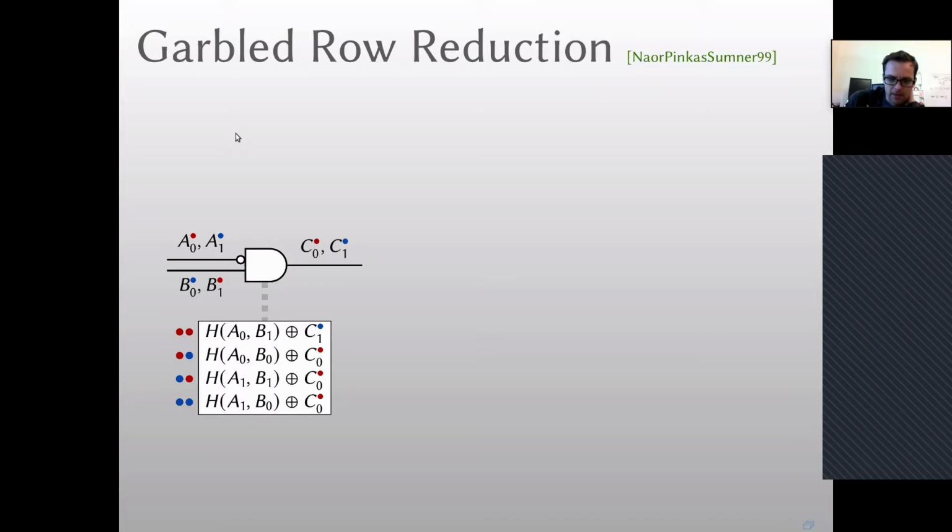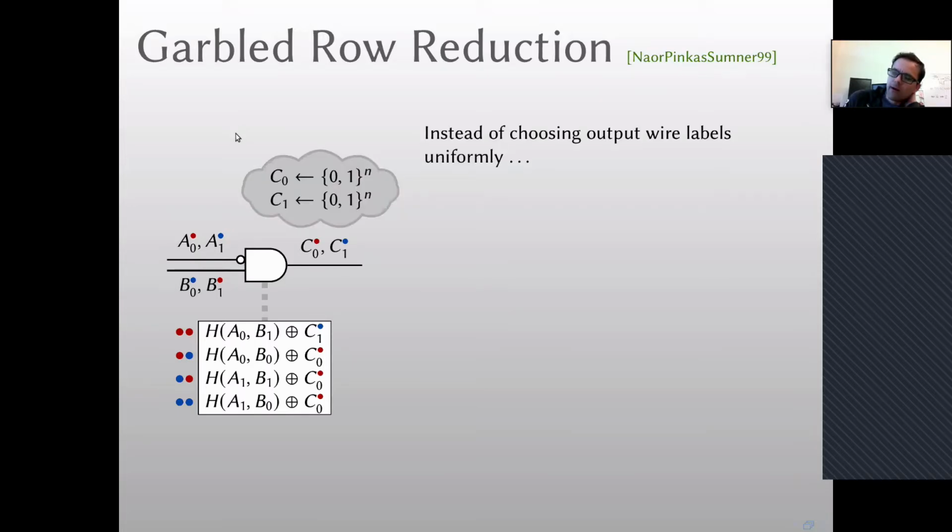Everything is fine. So the new idea here is to think back about where these wire labels come from. When I first described garbled circuits, I said for every wire in the circuit, you should choose 2 labels, a false label and a true label, okay? And the idea behind this trick is that you don't need to choose these wire labels uniformly.